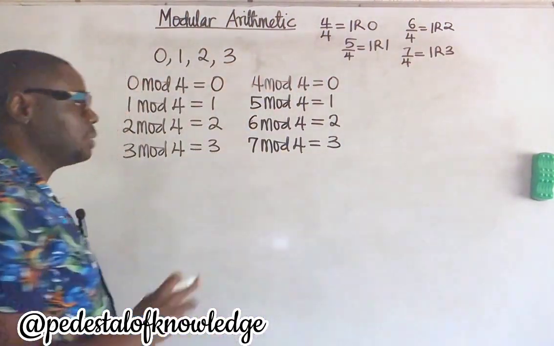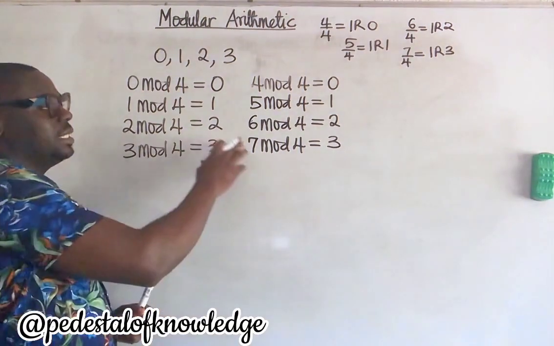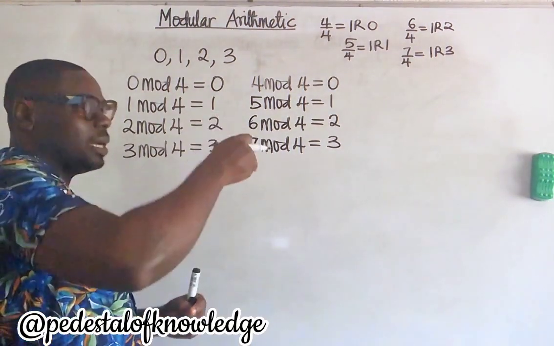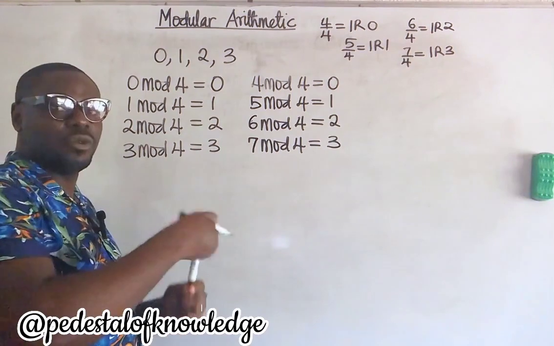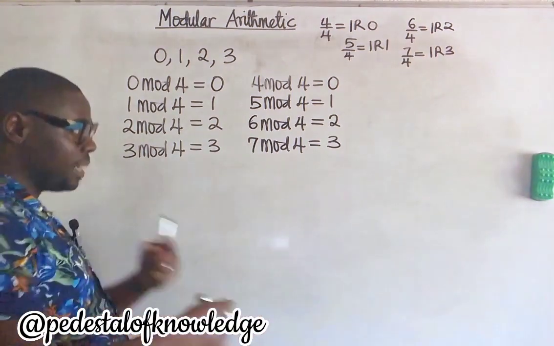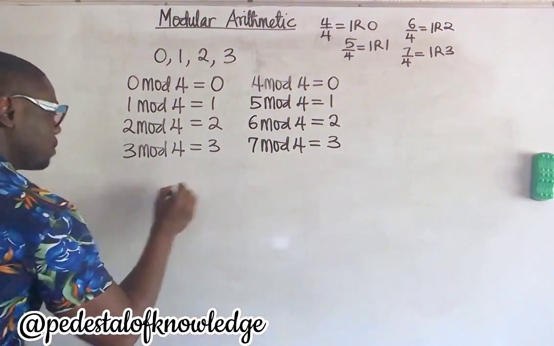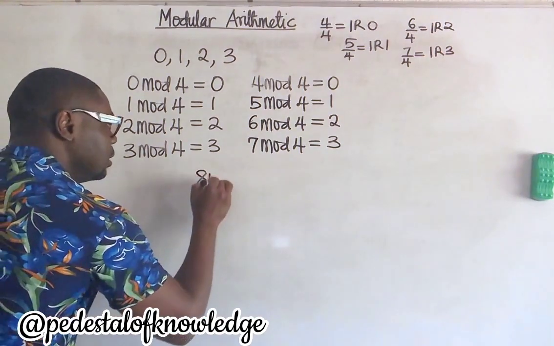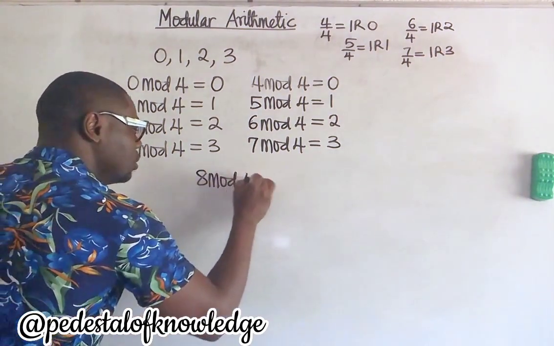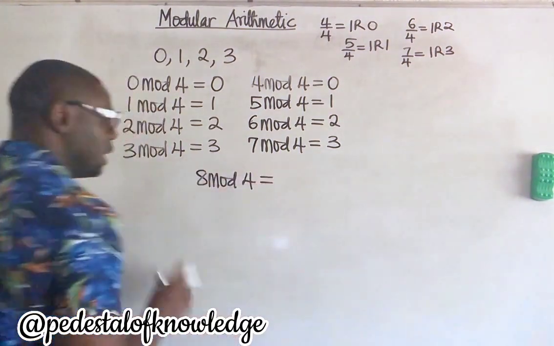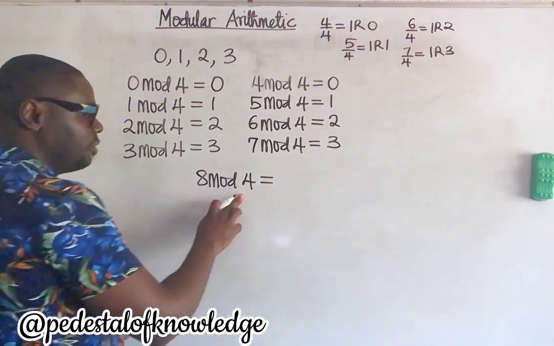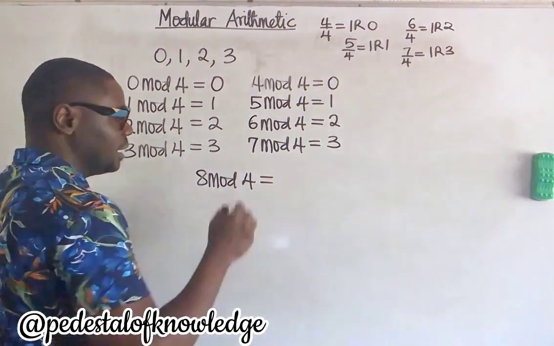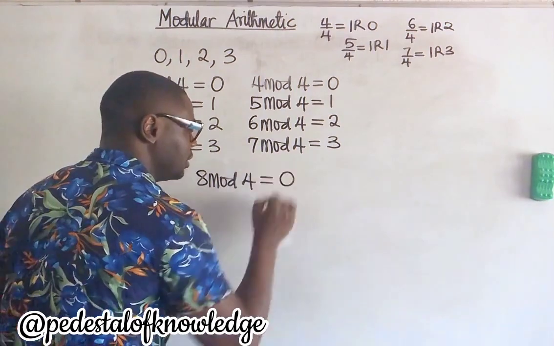Now we are going to observe that if we go beyond this 7 and enter another whole number after 7, which is 8, the numbers will swap around again. For instance, 8 mod 4 will give us, 8 divided by 4 will give us 2 remainder 0. So we put down the remainder 0.